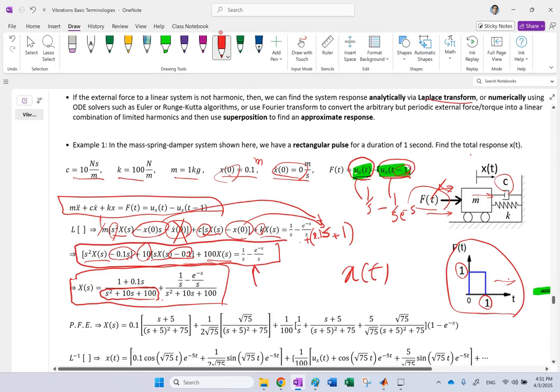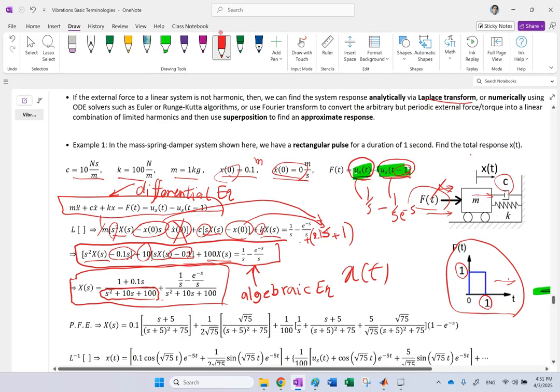So this one here is an algebraic equation, while this original one was a differential equation. That's the power of Laplace transform. Converts a differential equation into an algebraic one, which you can easily solve.